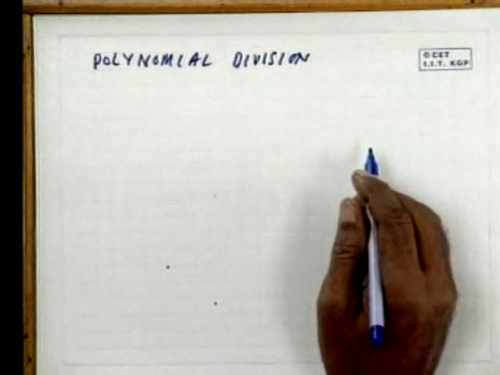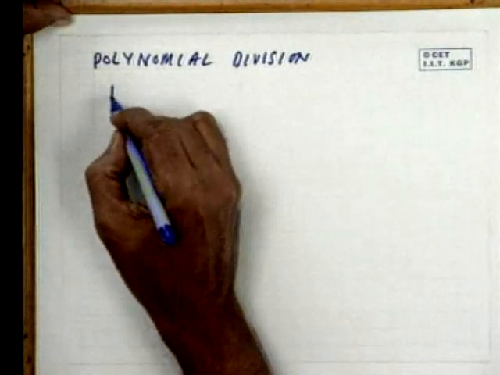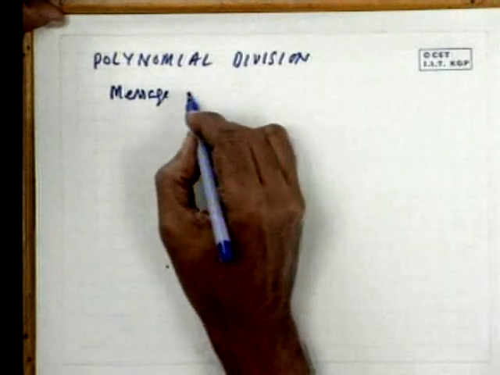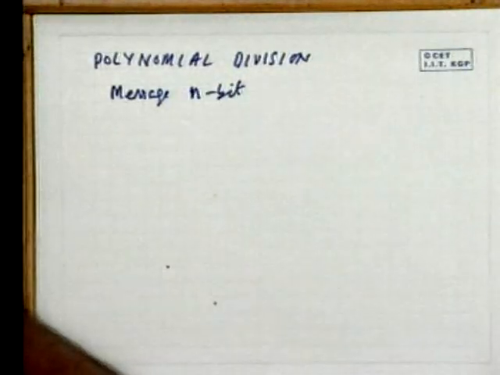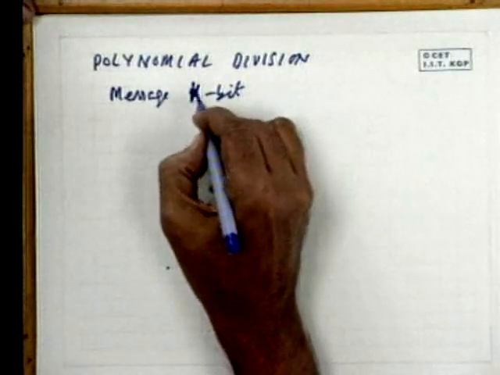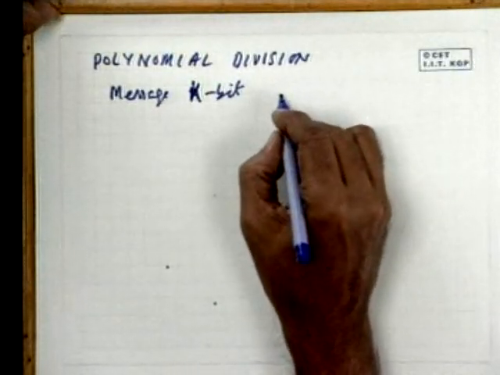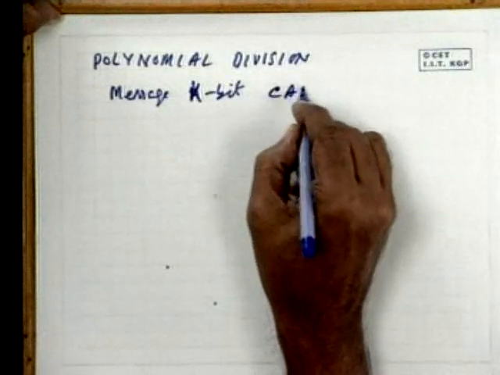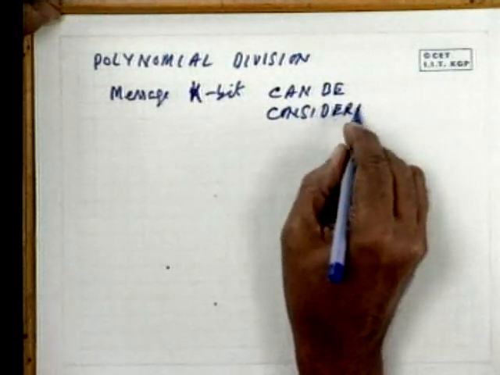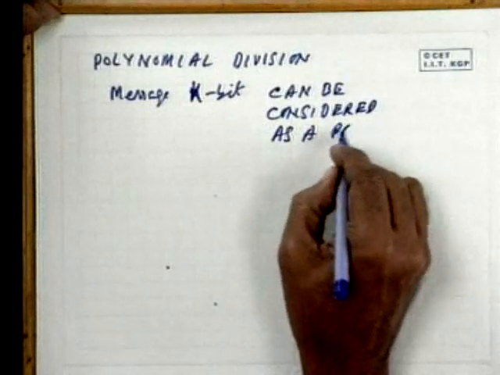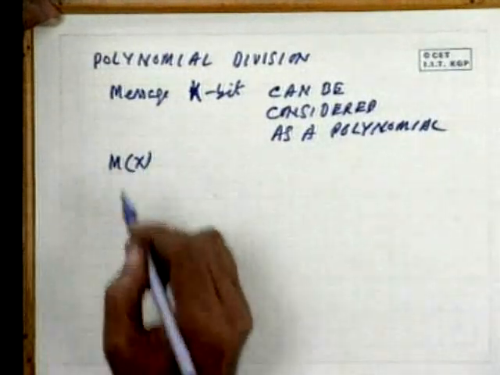What you are doing in this case, the message bit pattern, which is of k bits, we assumed k bits, can be considered as a polynomial, and it is represented as Mx.